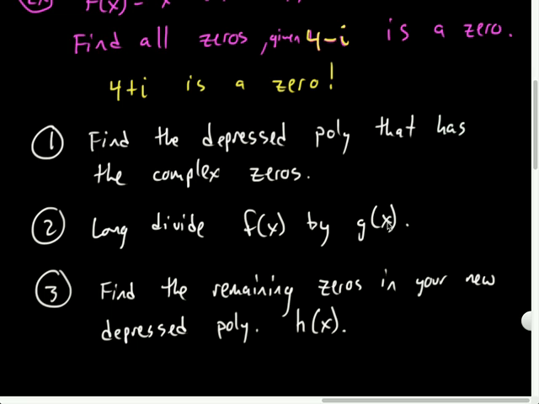So f of x divided by g of x gives me another depressed polynomial that contains the missing zeros I'm looking for. So how do I find the first depressed polynomial is the question.